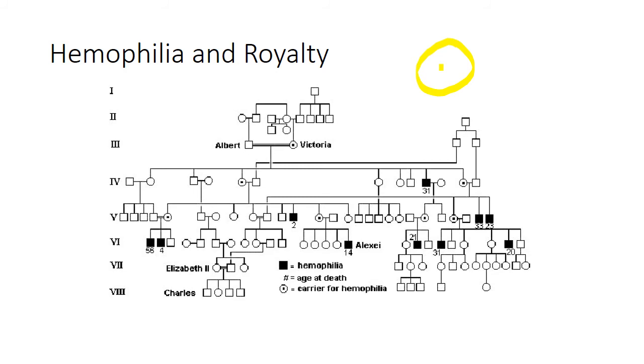And all of those who are affected, or most of those who are affected, are filled in, and they're all or mostly males. So all those affected are filled in, and if we look, all the ones that are affected in this particular pedigree are males. You can have an affected female, but it's rare because you need both recessive alleles. So this is why we can tell this is a sex-linked chromosome.